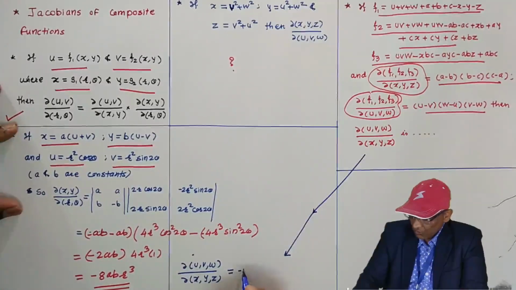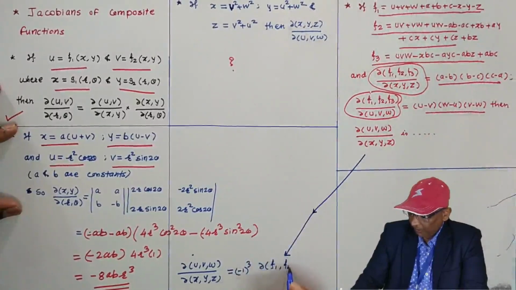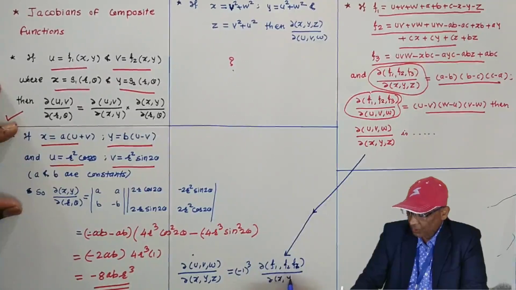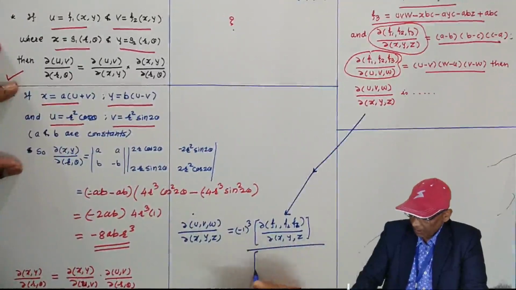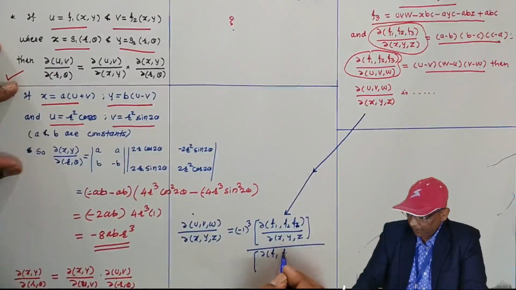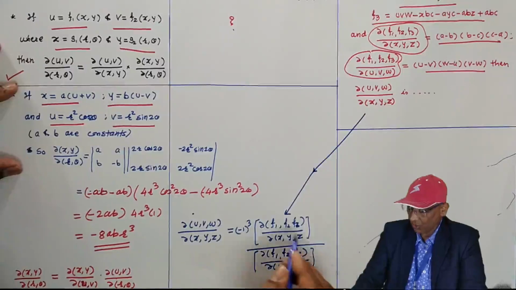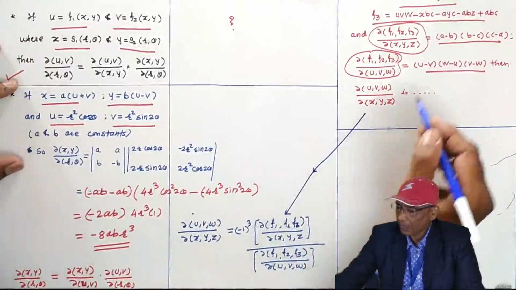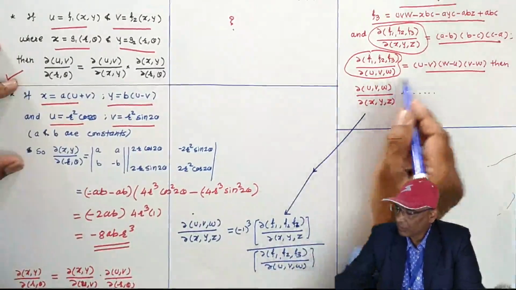Therefore, minus 1 to the power 3 del f1 f2 f3 by del x y z, this is the Jacobian, divided by del f1 f2 f3 by del u v w. Okay, this is Jacobian and this is Jacobian. But value of this is given, and value of del f1 f2 f3 by del u v w is also given.